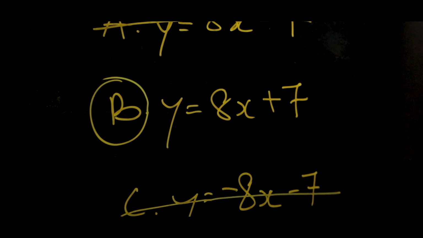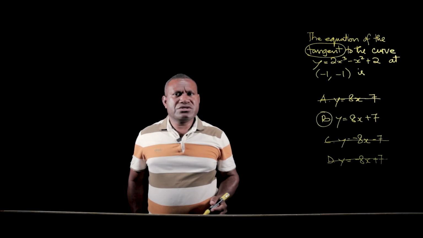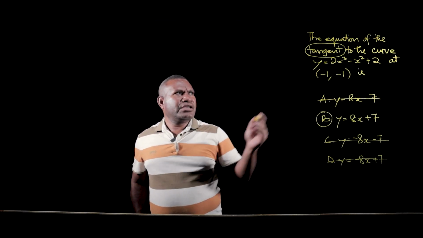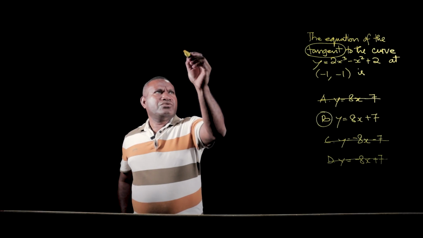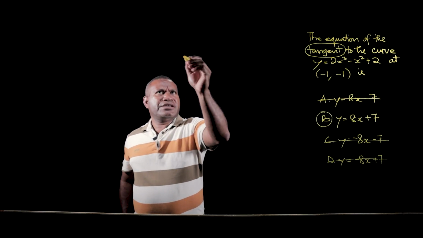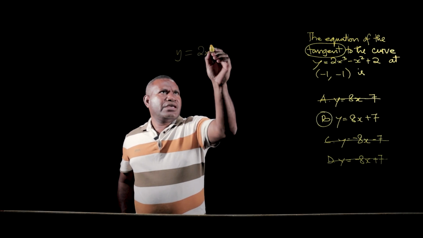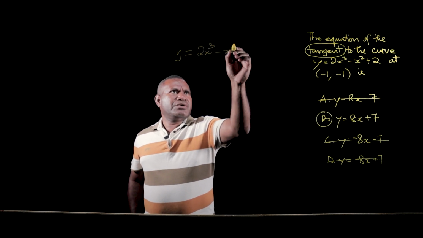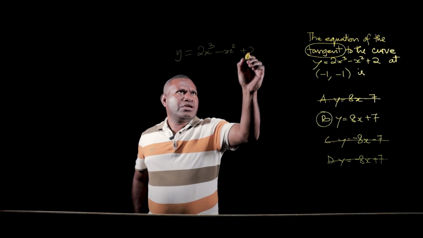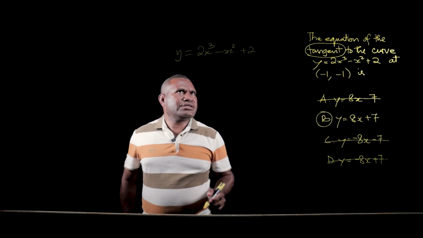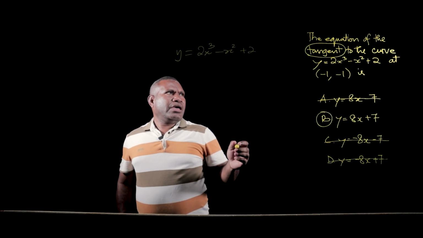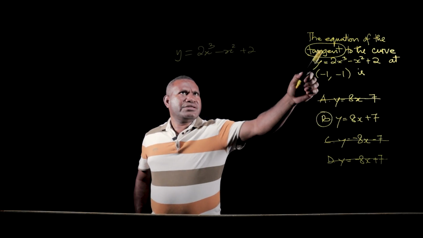Now we have to apply the concept of calculus to answer this question. The first thing we need to do is differentiate this function. The cubic function is y equals 2x cubed minus x squared plus 2, and the tangent will pass through the point.